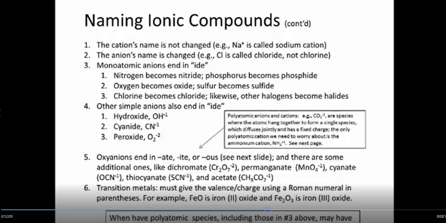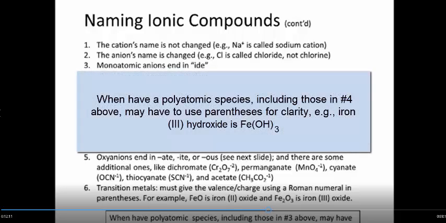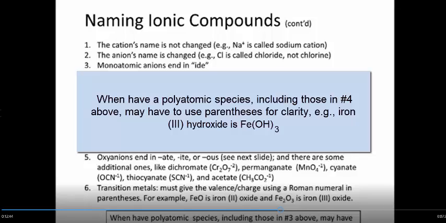Now, also, before going to this next important slide, let's point out that when we have polyatomic species, whether they're anions or cations, sometimes we have to use additional parentheses to make sure people don't get confused. So look at the example that I've just shown you. If I were to write out iron 3 hydroxide as a chemical formula without the parentheses, it would look confusing because I might write FeOH3, and one might think that there's 3 hydrogens and only a single oxygen.